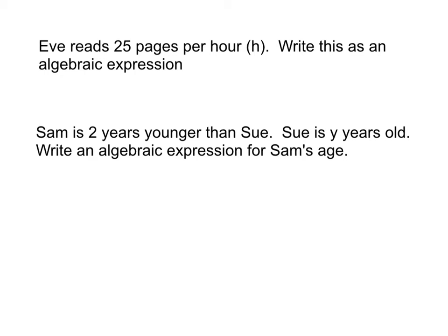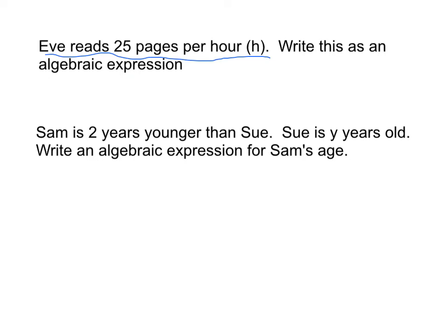Now let's take some words and write them as algebraic expressions. Our first example: Eve reads 25 pages per hour, and notice that the variable h is representing the hours. Write this as an algebraic expression.